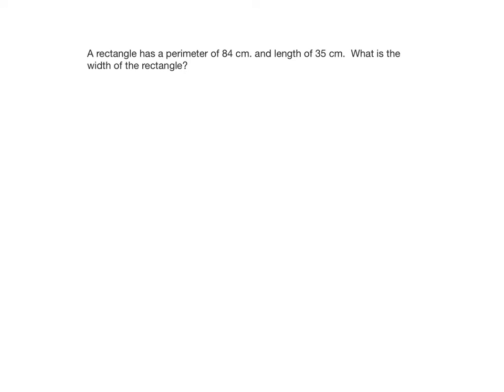So we have a question here. A rectangle has a perimeter of 84 centimeters and length of 35 centimeters. We want to find the width of this rectangle. If you can recall, the perimeter equation for a rectangle is 2 times the length plus 2 times the width.